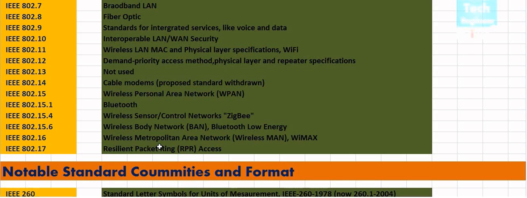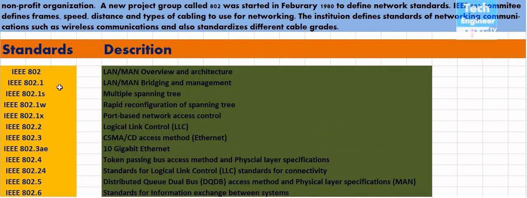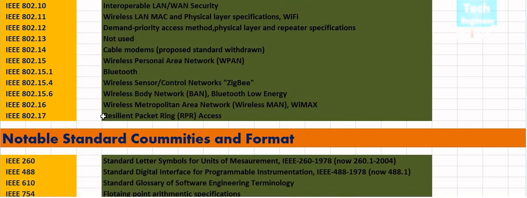Okay, IEEE 802.17 is for resilient packet ring access. So these are the new technologies, and more were developed, and 802.18, 19, 20 might be developed also. The new version, for example, is light fidelity after wireless fidelity, meaning distributing data via light.